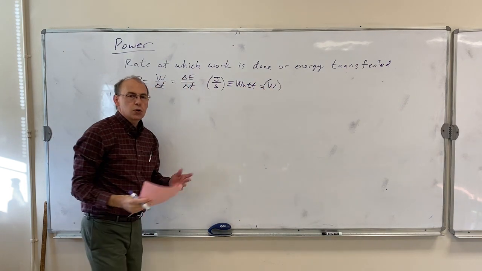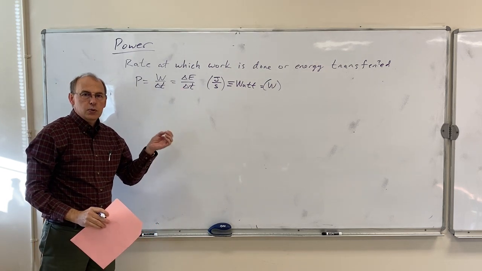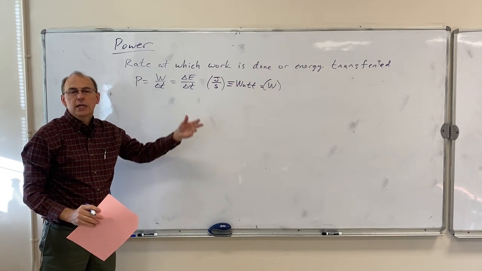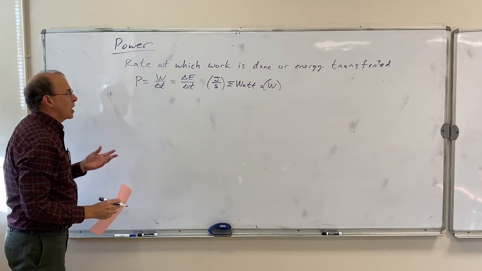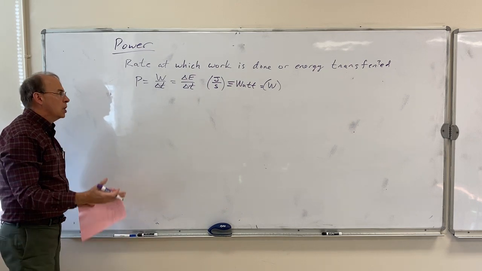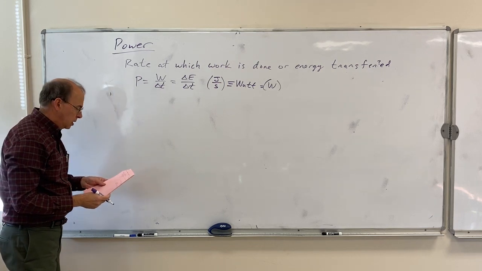So when you buy a 100-watt light bulb, it means 100 joules of electrical energy every second are being transferred into light and heat. So it's just the rate at which energy is being transformed from one type to another. For a light bulb, it's electrical energy to light and heat.